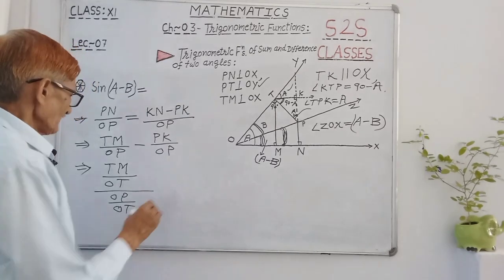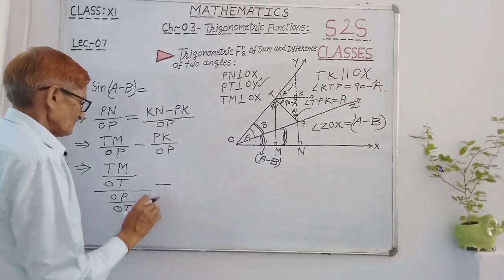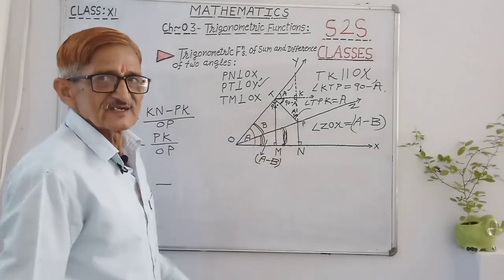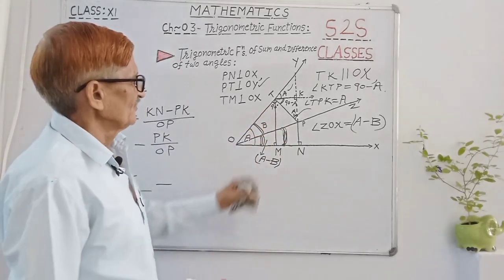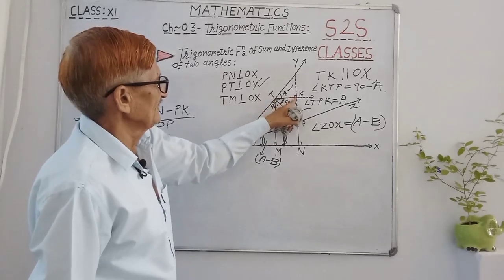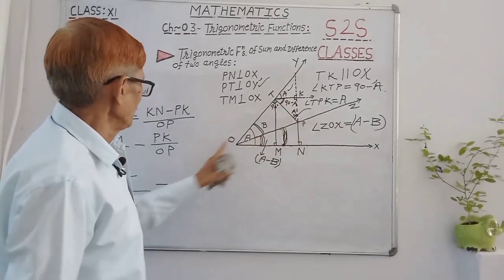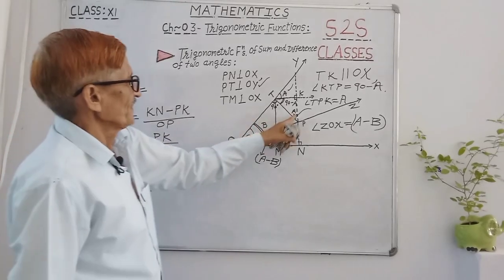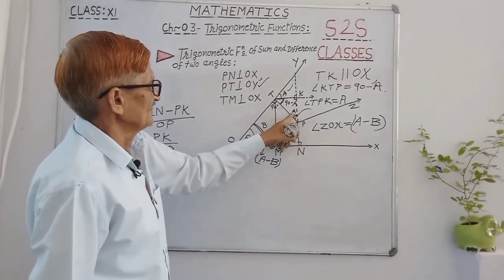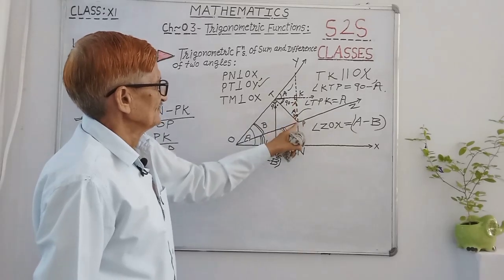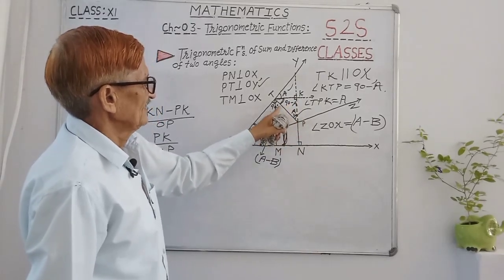Okay, minus PK. Where is PK? In which right triangle is PK one side? Observe, in right triangle TKP, PK is one side, and with angle A it is the adjacent side. So what is the hypotenuse here?